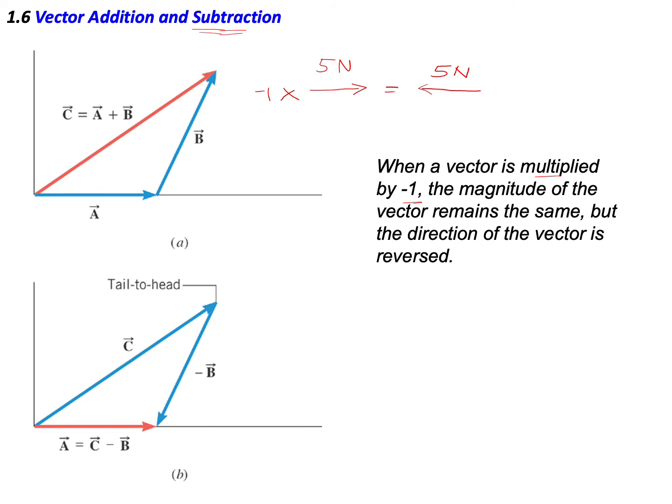So A plus B is equal to C, the resultant vector, from the tail of A to the head of B. If you multiply B by -1, it reverses the direction. Now you have two vectors: the tail and head of vector C, and the tail and head of vector -B. You now add vector C to -B, tail to head, which is equal to vector A.